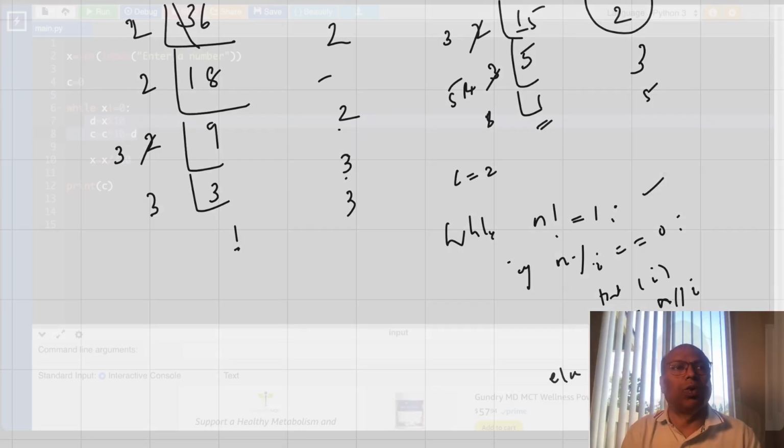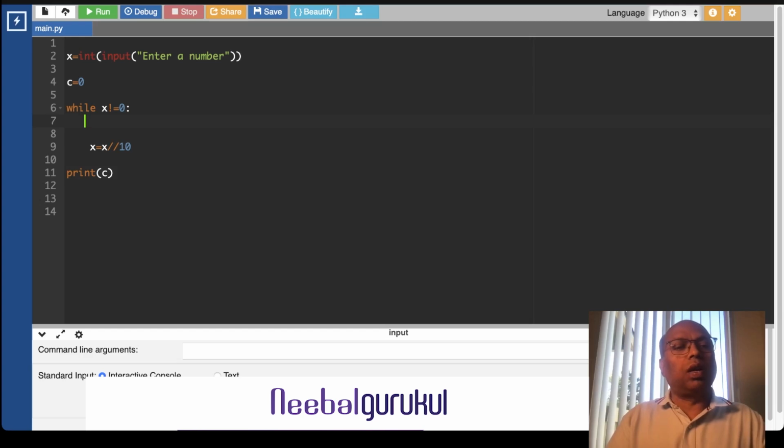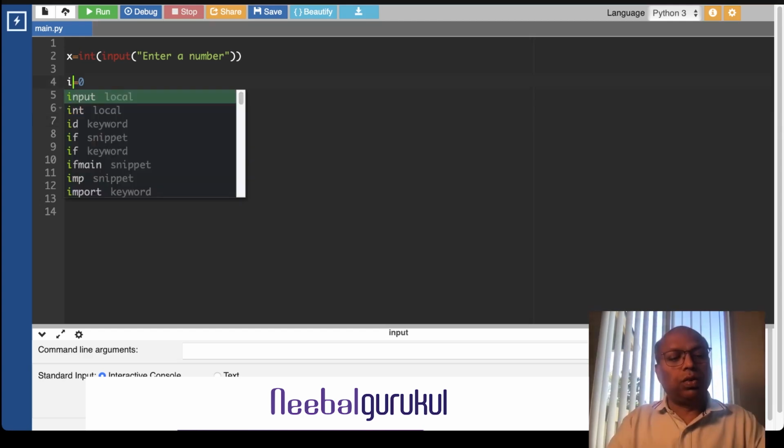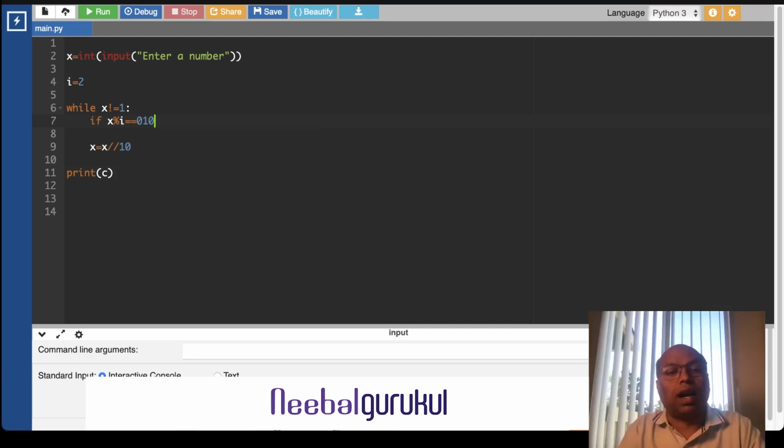Okay, so let's write the code and see. I took a number. First time, how long did you divide the number? You started with 2. How long did you go? Till the number becomes 1, right? You checked if x mod I is equal to 0 or not. If it is 0, it is dividing.